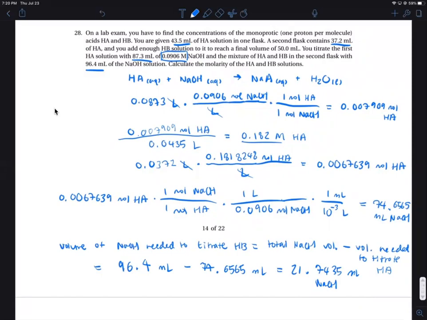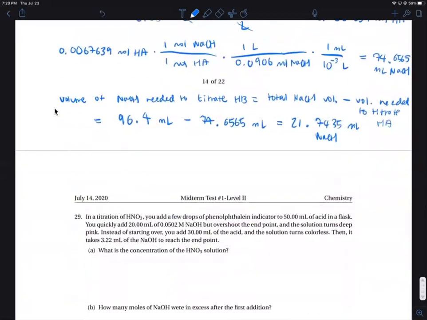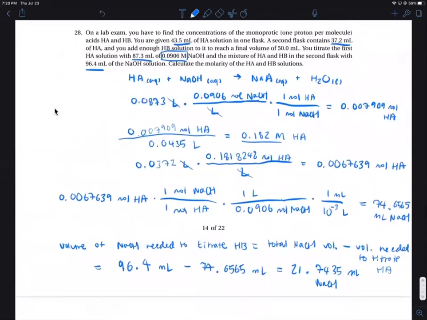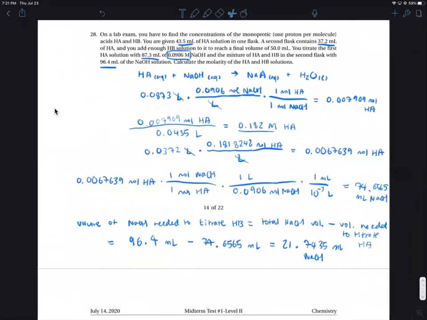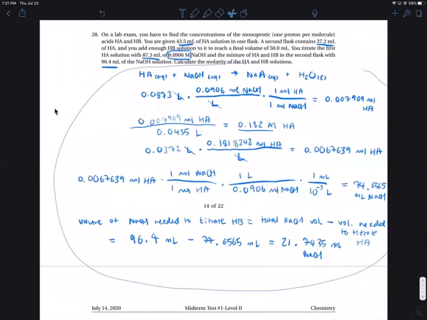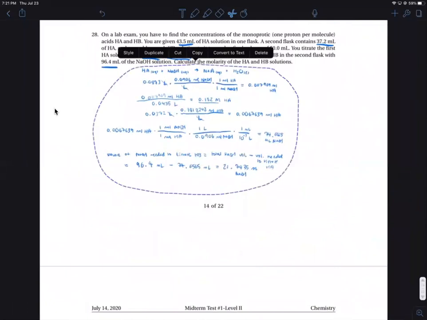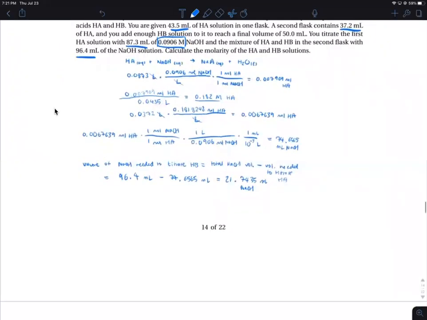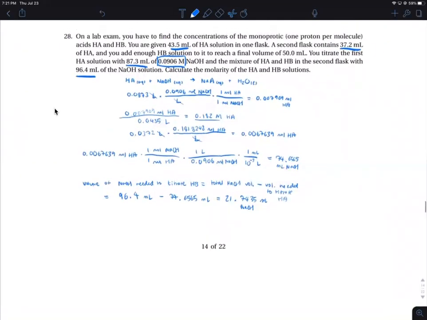All right, so now we do pretty much the same thing except with moles of HB. So for moles HB, we've just found the milliliters of NaOH needed to titrate HB, so it's going to be 21.7435 milliliters.